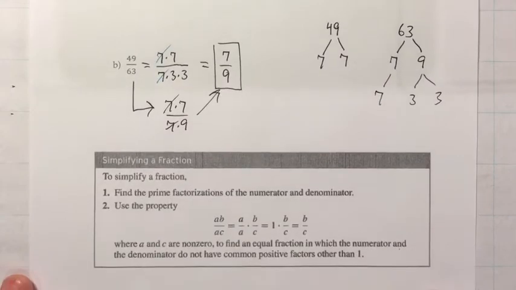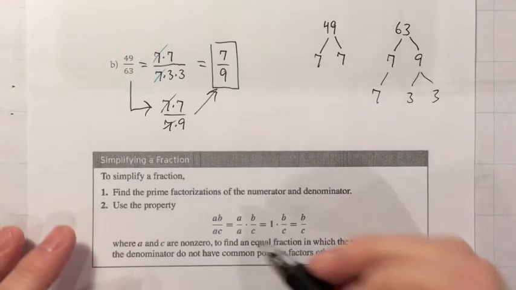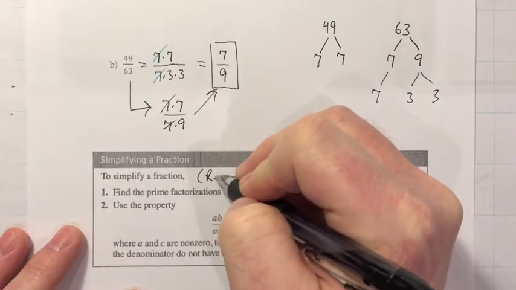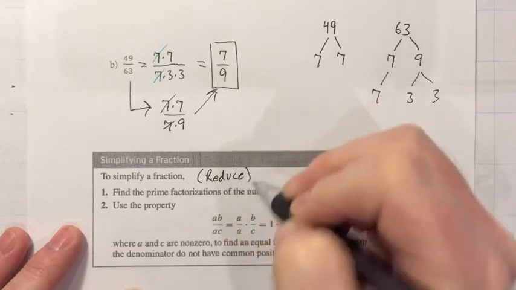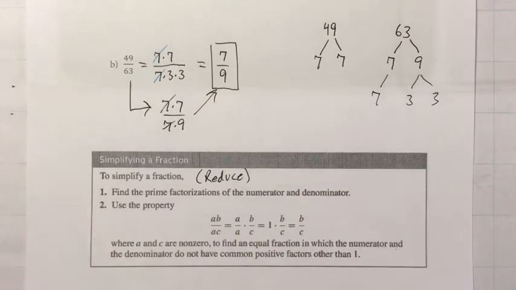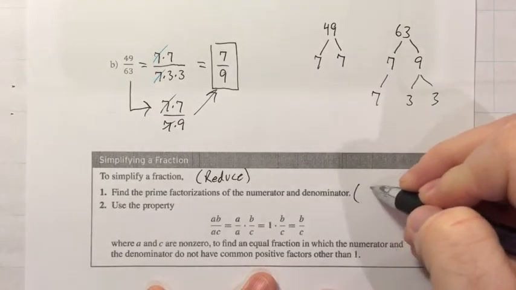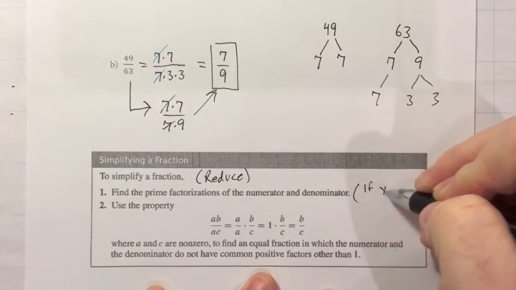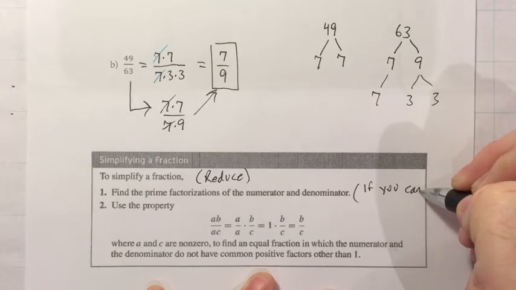So here's the steps for simplifying a fraction. Again, when they say to simplify a fraction, they're just talking about reducing. So it's good to understand what they mean by the terminology. And their steps say find the prime factorization of the numerator and denominator. Like they're saying you should always do that. And I would say this is something you would do if you can't see a common factor.